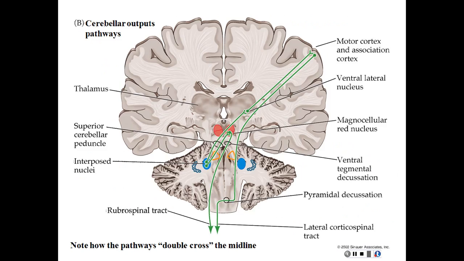If you know that the lesion's in the cerebellum, we know that there's no infarct in the thalamus, there's no infarct in the motor cortex, in the internal capsule, the spinal cord, right? So that lesion within the cerebellum clearly has an ongoing effect on the outflow of motor activity.